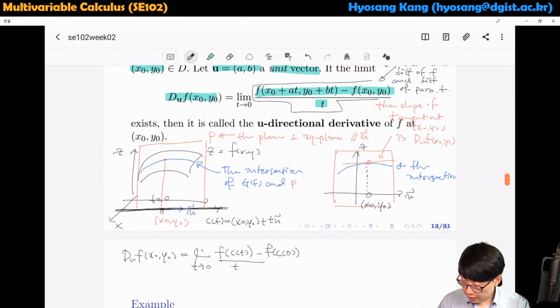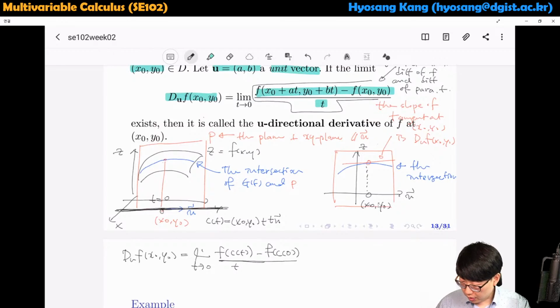The first part, (x0 plus at, y0 plus bt), is nothing but a point on this parameterization curve c(t) at time t, and the second part is c(0). So I'm looking at the difference between these two values and dividing by t.